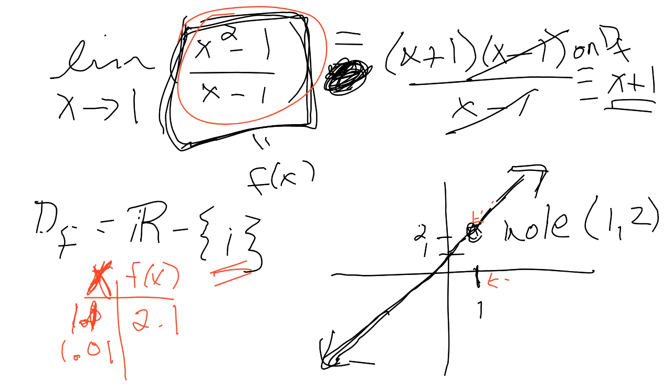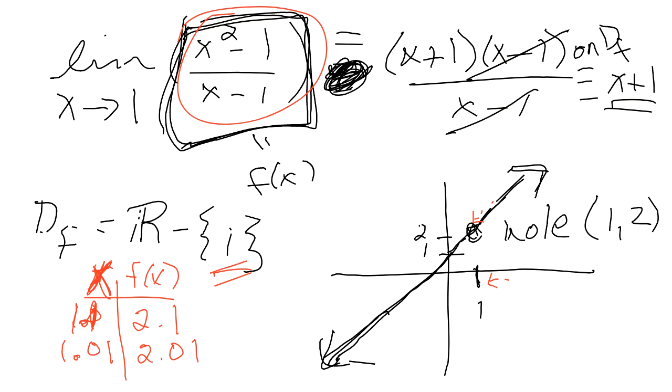I'm just going to do that real quick, let you catch your thoughts, see if you have any questions. 1.01 quantity squared minus 1 equals 0.0201, and then divided by 0.01 is 2.01.